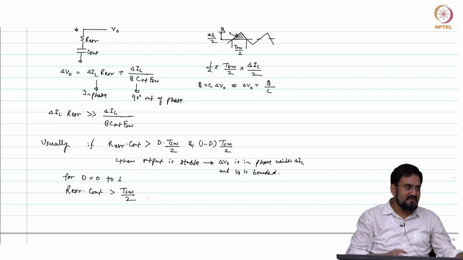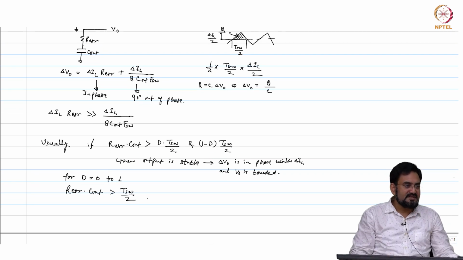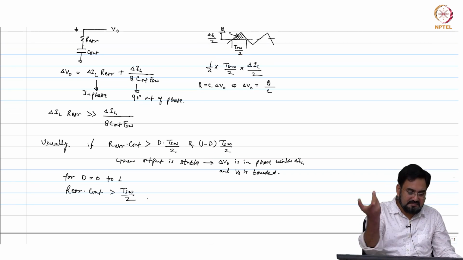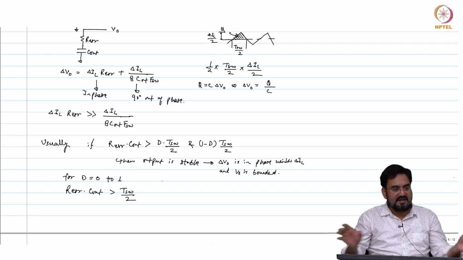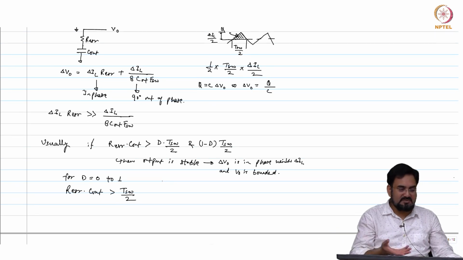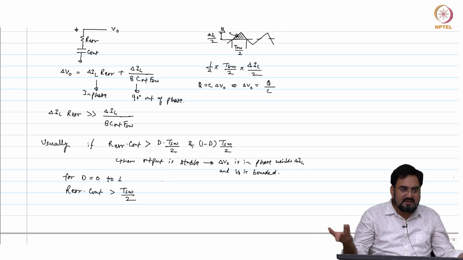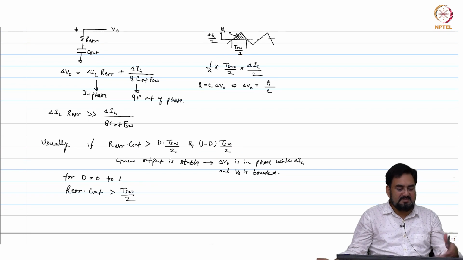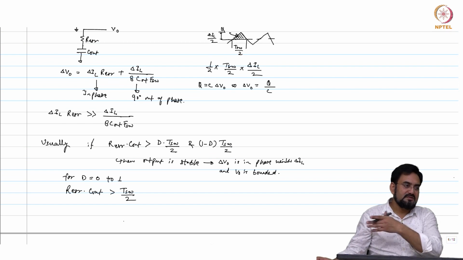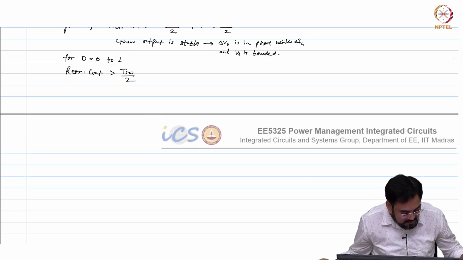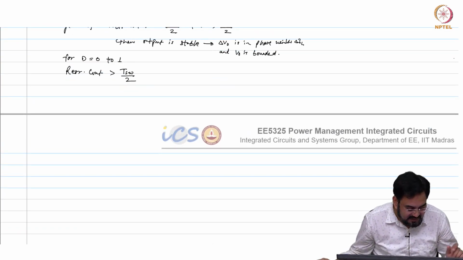So this will add a phase lead, and that phase lead is I think 70 degrees or so. Okay. So out of 90 degrees, 70 degrees cancelled. So the leftover phase shift will be 20 degrees or less. That is, keep increasing RC out, it will start approaching 0. Okay. So there is a derivation for that.